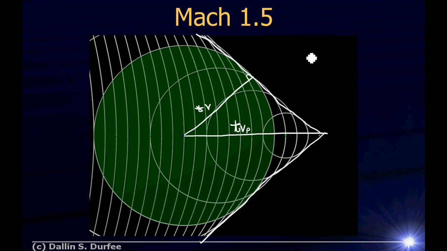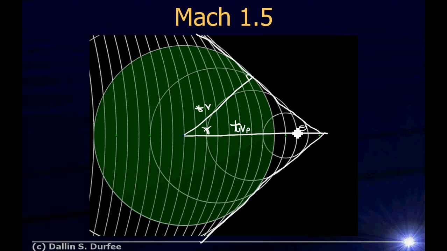So now we can just do some trigonometry. What's the angle here? We'll call this theta, call this gamma, and this is 90 degrees. We can just do some trigonometry because the hypotenuse is t times the velocity of the plane, and this side right here is the time, from where the plane was when it emitted this wavefront to where it is now, times the velocity of sound.